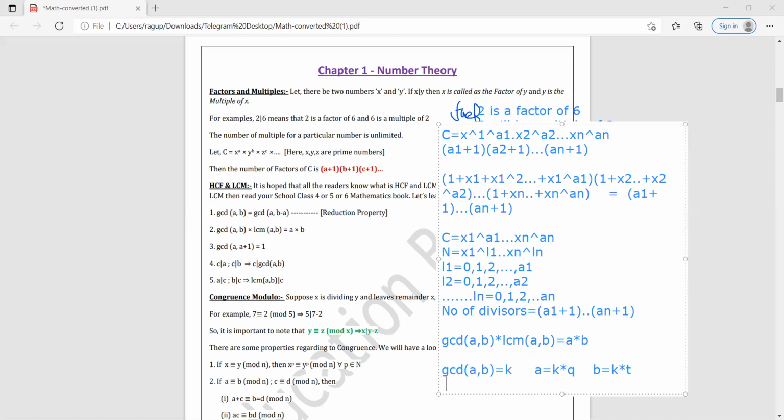This means there is a number, let's say L, which divides both Q and T. Then A would be K into L into something, and B would be K into L into something.